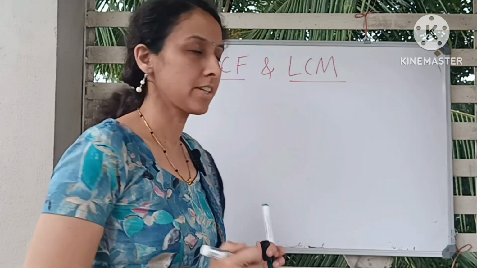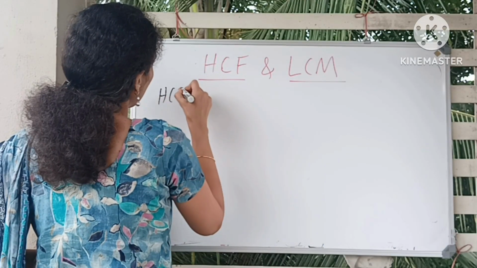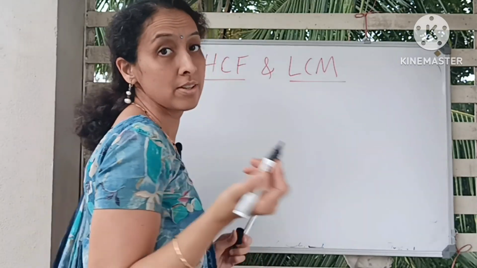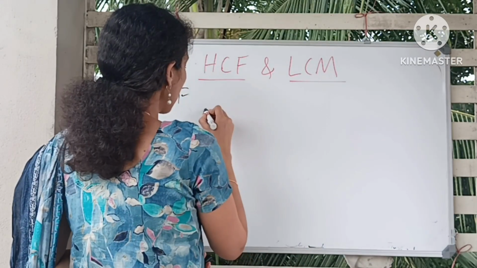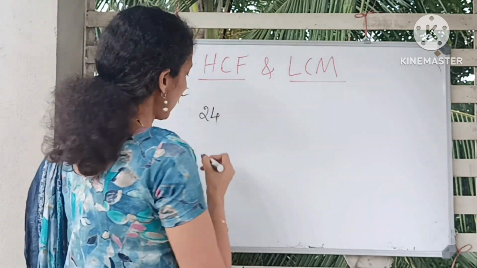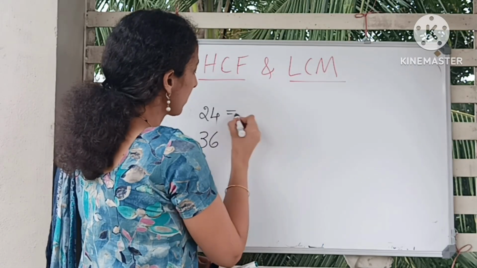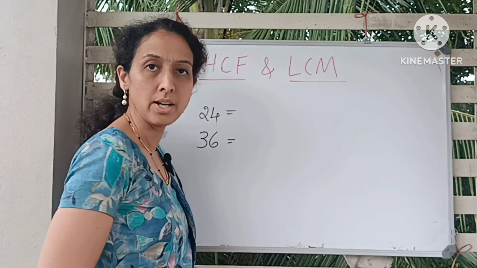First let us see HCF. Let me take two numbers, one which I always take, that's 24, and another one 36, and list all the factors of 24 and 36.